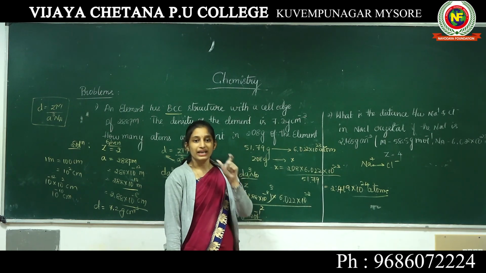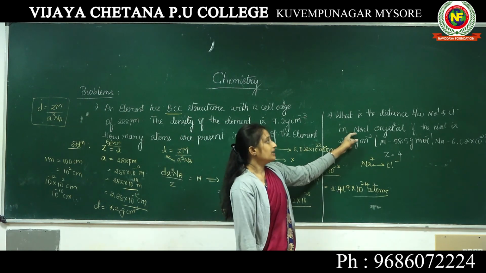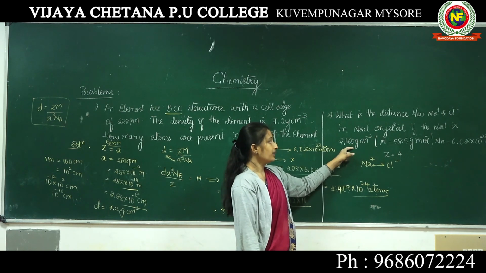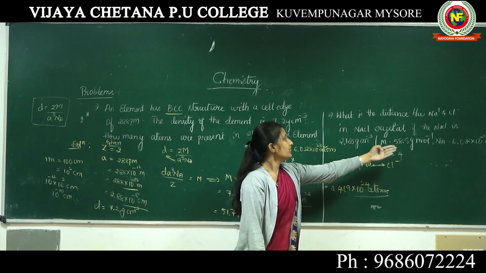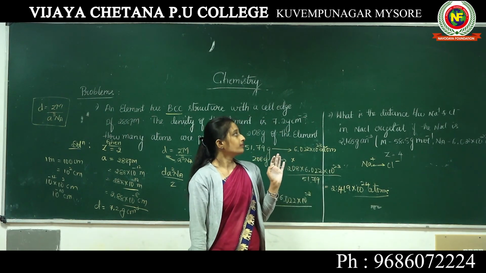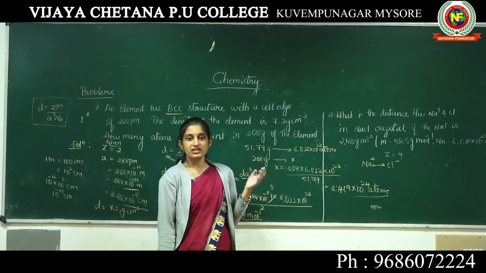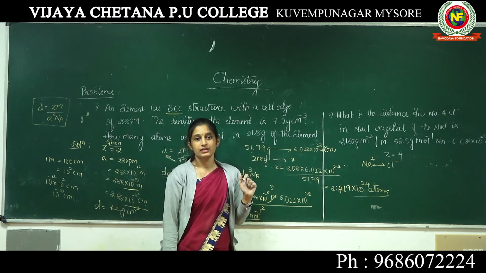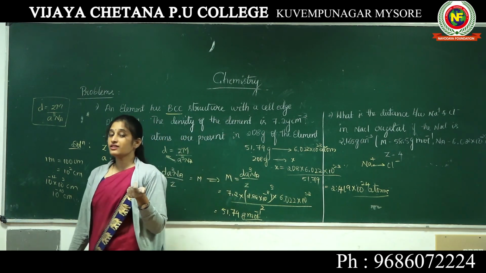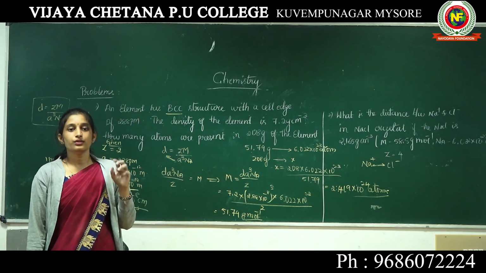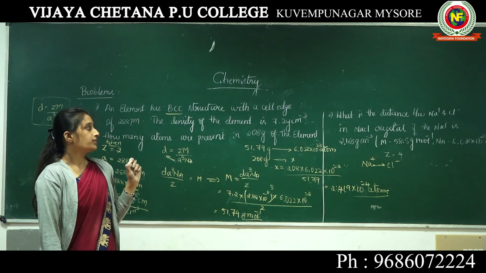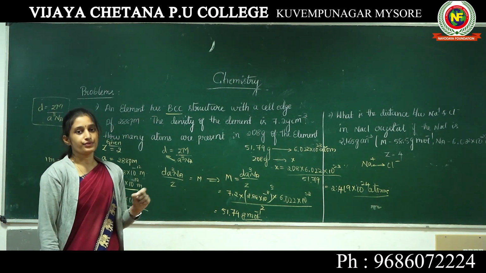Distance means length A. In NaCl crystal, M value is there, N A value is there, everything is there. What is the distance? You just calculate it. Z value given. NaCl means it's a face centered, that's why 4 Z value. You just solve this, try to find out the answer and post it.